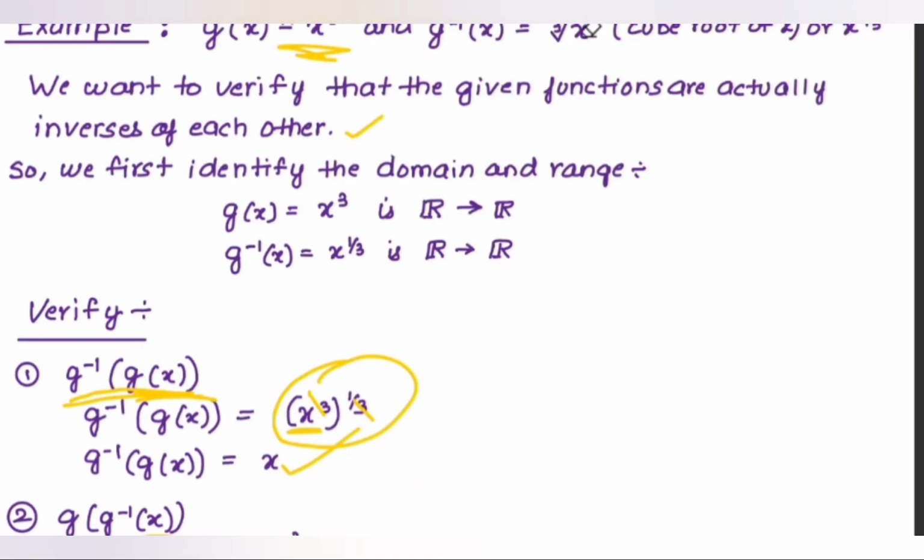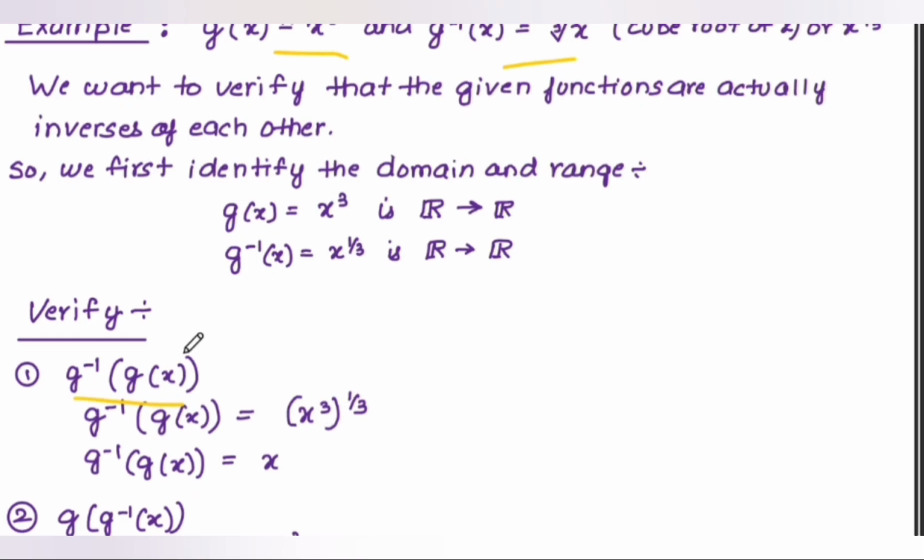Suppose you are given two functions. g of x is x cube and g inverse is also given to you as the cube root of x, and you are asked to check whether these functions are actually inverses of each other or not. So what will you check? You will check g inverse of g of x and g of g inverse of x. Both should be the identity function.